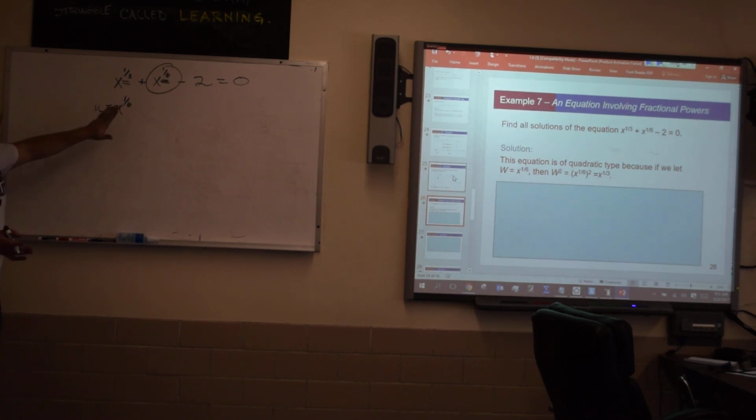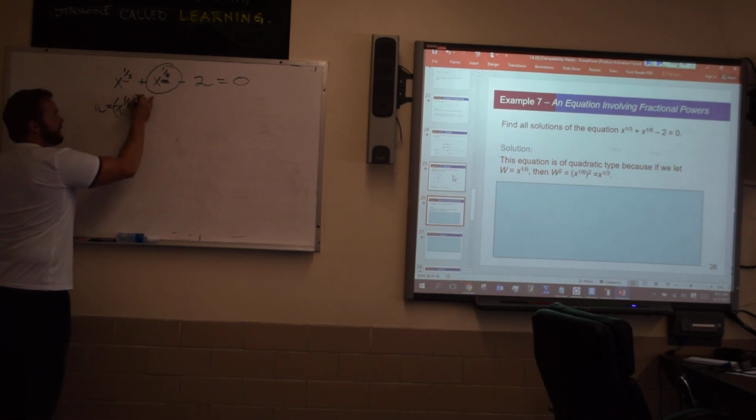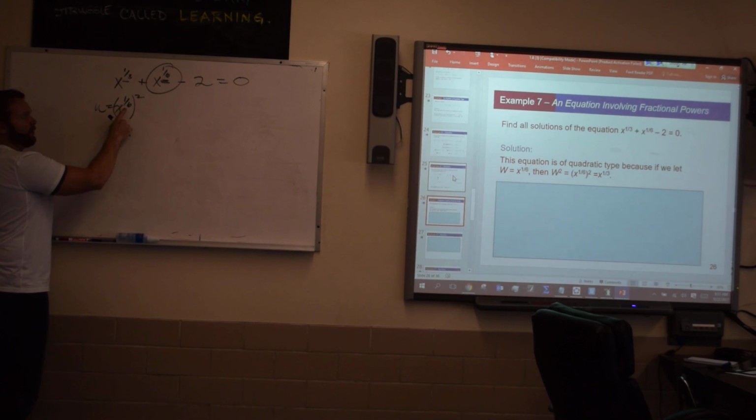Because now, when I rewrite and square this, x to the 1/6 squared, does that give me x to the 1/3? So if I square that side, square that side, that gives me u squared is equal to x to the 1/3. So I'm going to replace this with u squared.